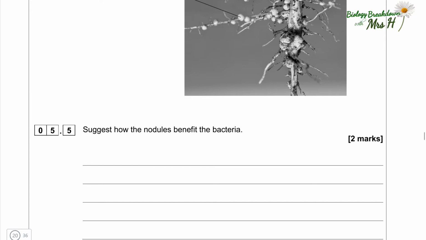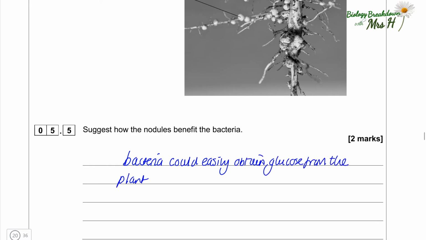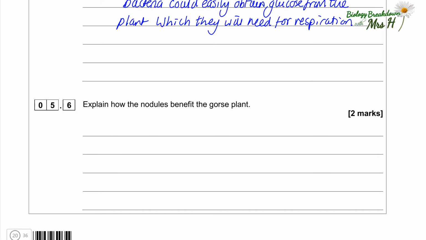So our best suggestion would be that the bacteria could easily obtain the glucose because it says that they live in these nodules and that's part of the living root tissue. So the bacteria can get some glucose from the plant. And of course, the bacteria need the glucose for respiration. Explain how the nodules benefit the Gauss plant.